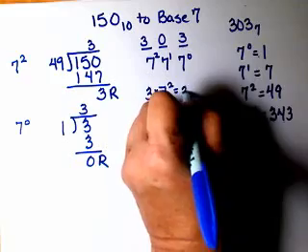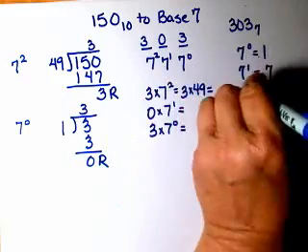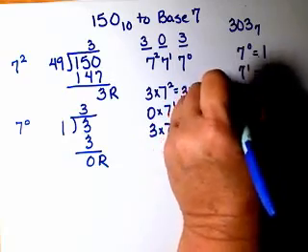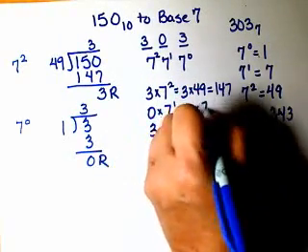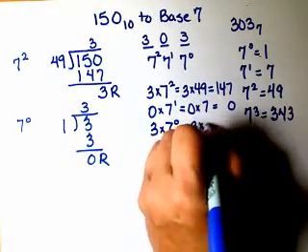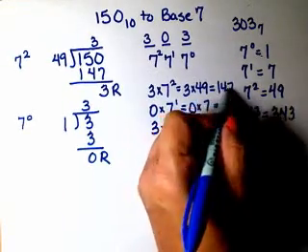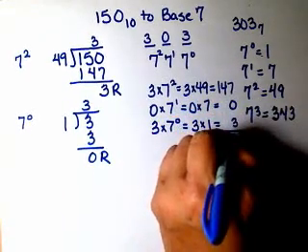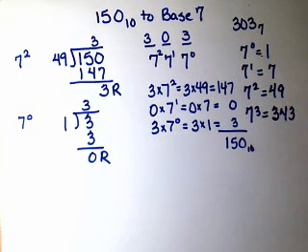So 3 times 49 equals 147. 0 times 7 equals 0. And 3 times 1 equals 3. When I add 147 and 3, I get 150. So it really is 150 base 10. And that's it for base 7.